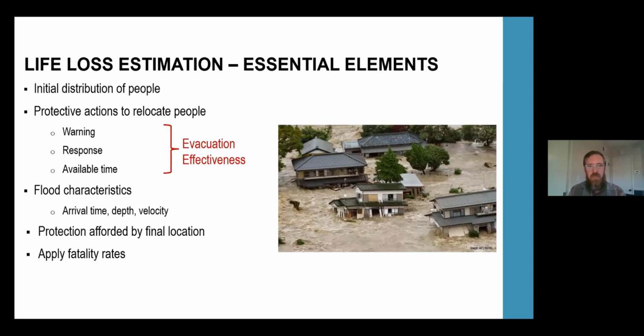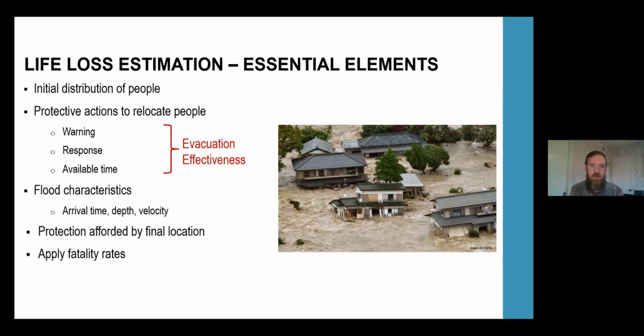The other major piece then of that model is to understand the flood itself. How fast does that flood arrive before the warning happens or after the warning happens? And then what depths and velocities would people be subject to? That can be done in various levels of detail. The last thing is to understand the protection afforded by the final location. So where are people when the flood interacts with them, and how much protection does that location give them?